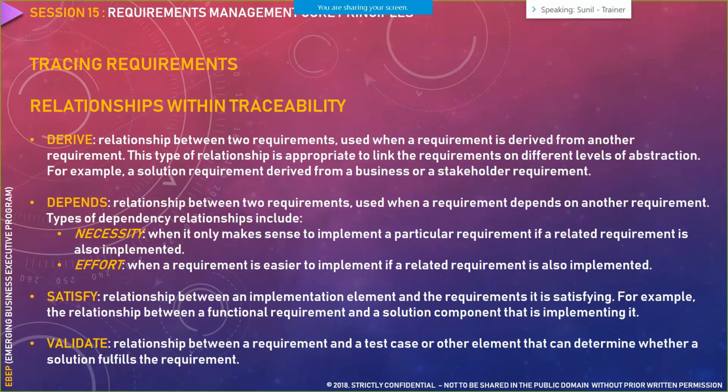Okay. So when it comes to tracing a particular requirement, there are certain relationships that we have to establish. There are essentially four relationships: derive, depend, satisfy, and validate. Now, what is a derived relationship? It's a relationship between two requirements, used when a requirement is derived from another requirement, like the example I gave you.